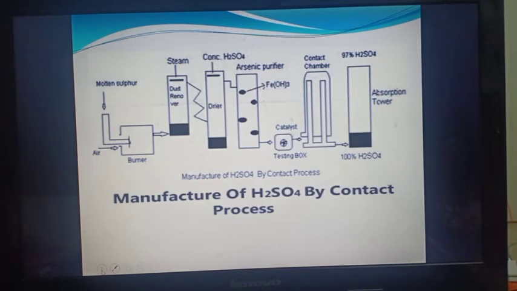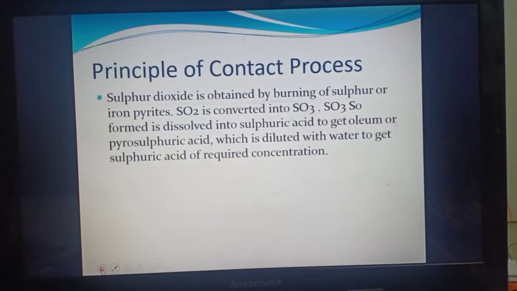Now in this contact process we have a few things which we need to keep in mind, that is, the principle behind the contact process. The principle is what? The sulfur dioxide which we obtain by burning of sulfur or iron pyrites, that SO2 further gets converted into SO3, and the SO3 which gets formed is dissolved in sulfuric acid to get the oleum.